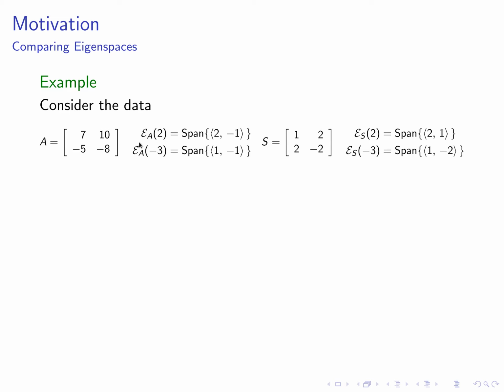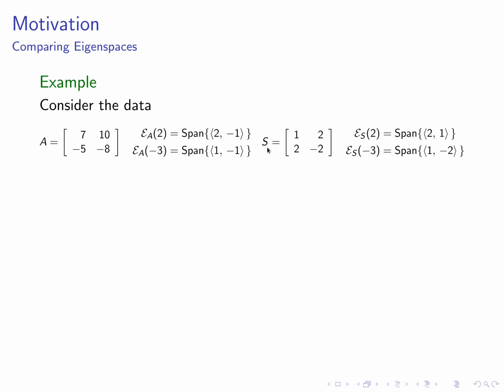So A has two eigenspaces where the eigenvalues are 2 and -3. For lambda equals 2, the eigenspace is spanned by the single vector (2, -1). And for lambda equals -3, the space is spanned by the single vector (1, -1).